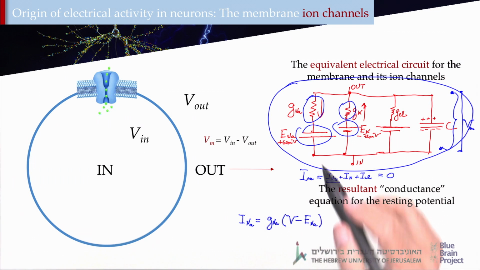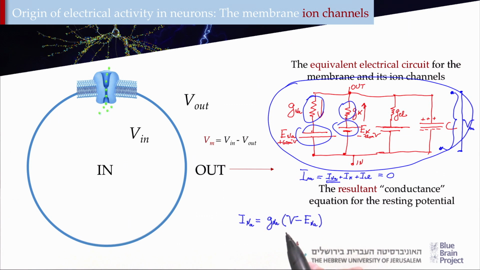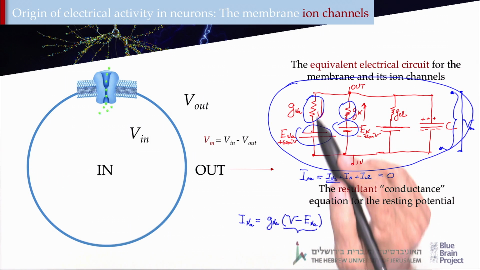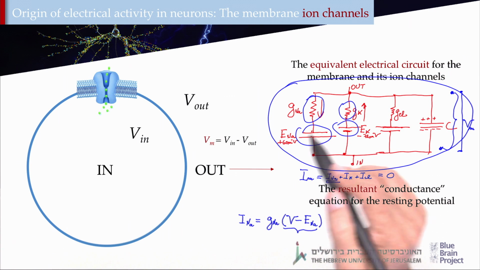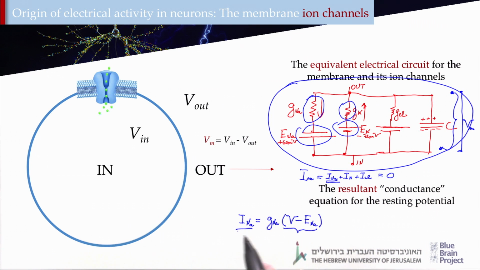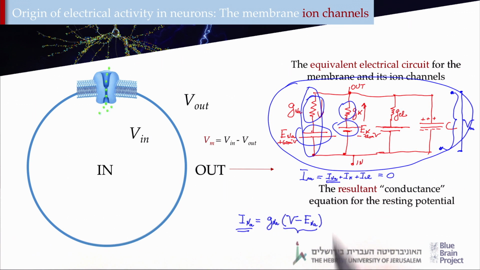This is very simple to understand, because across this battery there is the membrane voltage. So the voltage difference is here, and this voltage difference is multiplied by the conductance, 1 over the resistance, for this ion, and this will give you the sodium current that flows across this branch.